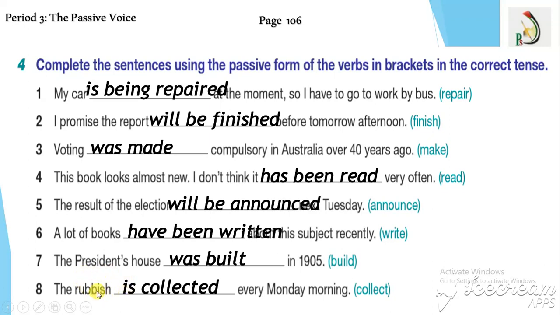It means there is another subject which is not mentioned in number 8. So dear students, you have to focus on whether the action is taking place or there is a subject who is doing it.